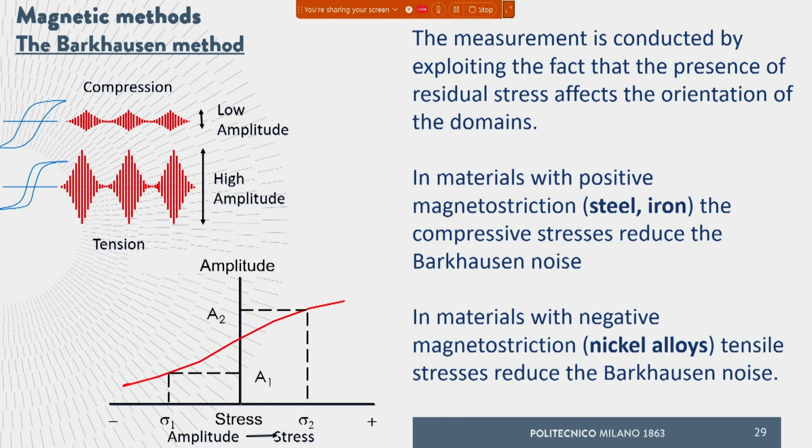If you have compression, the amplitude of the signal is reduced and the hysteresis is enlarged. Otherwise, if you are in tension, the magnetic hysteresis is reduced and the amplitude is higher. If we have a material with opposite behavior, negative magnetostriction, such as the nickel alloys, we have the opposite: the tensile stresses reduce the Barkhausen noise.